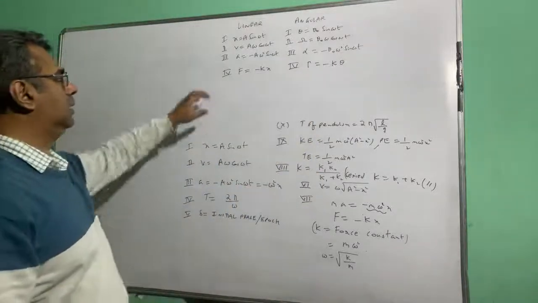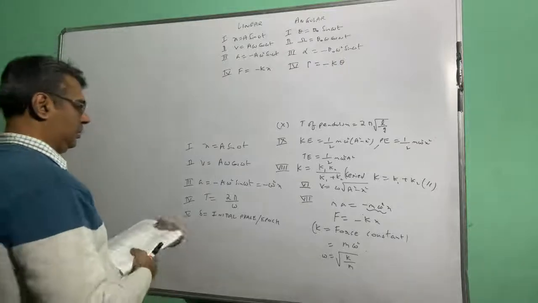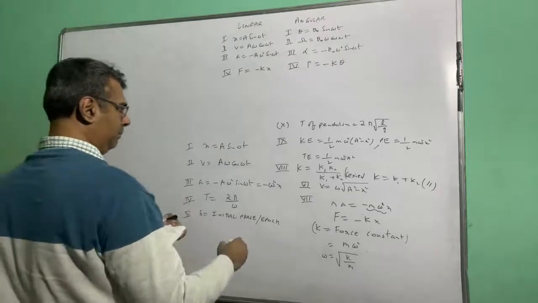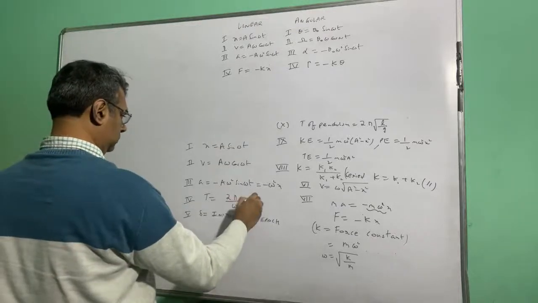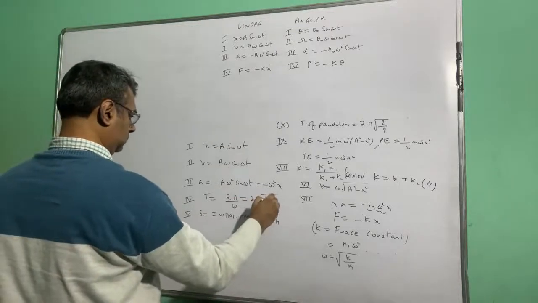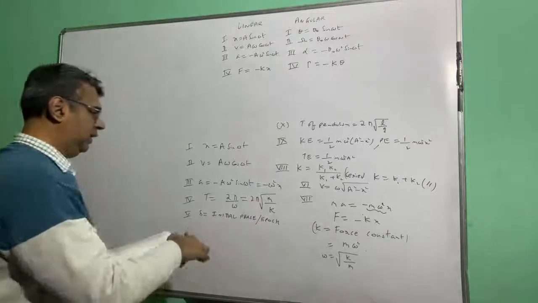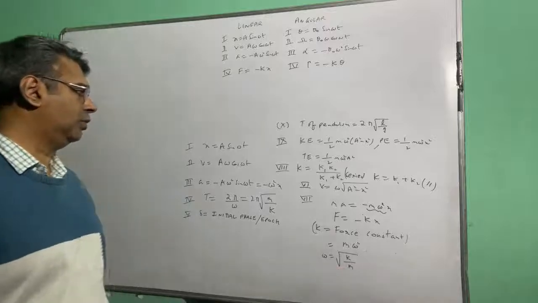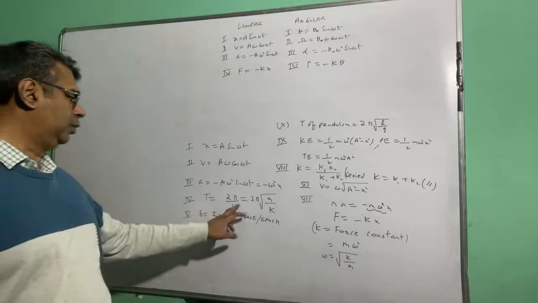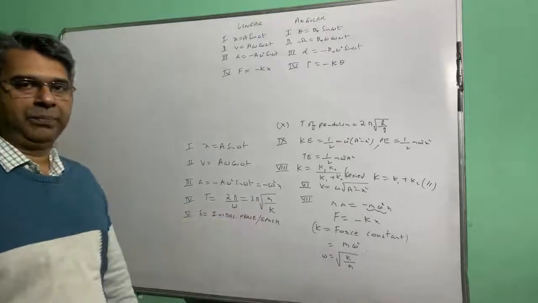So these are the formulas, and then of course the time period. Now before I tell you time period, in linear simple harmonic motion omega is root over k by m, so time period 2 pi by omega is 2 pi root m by k.